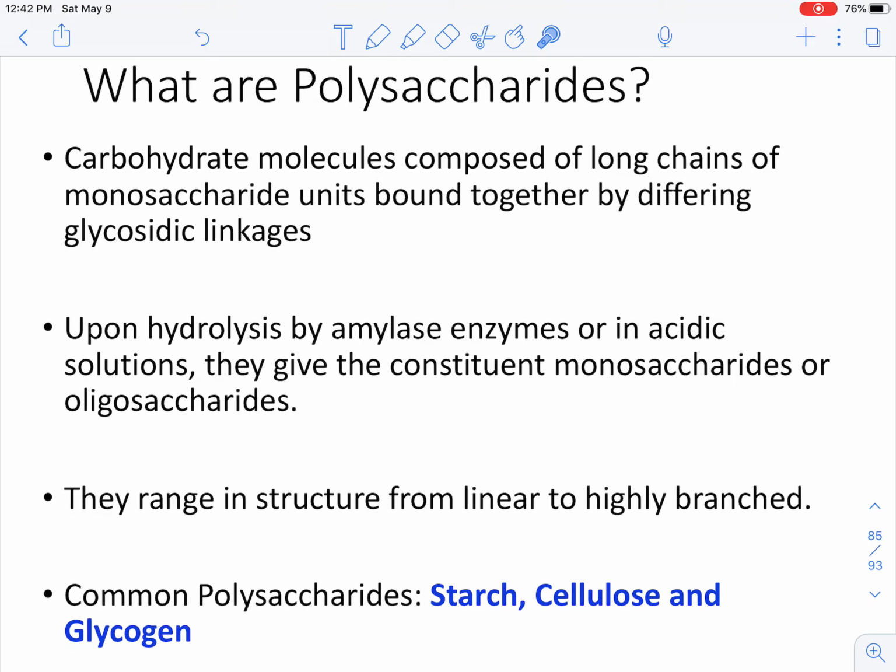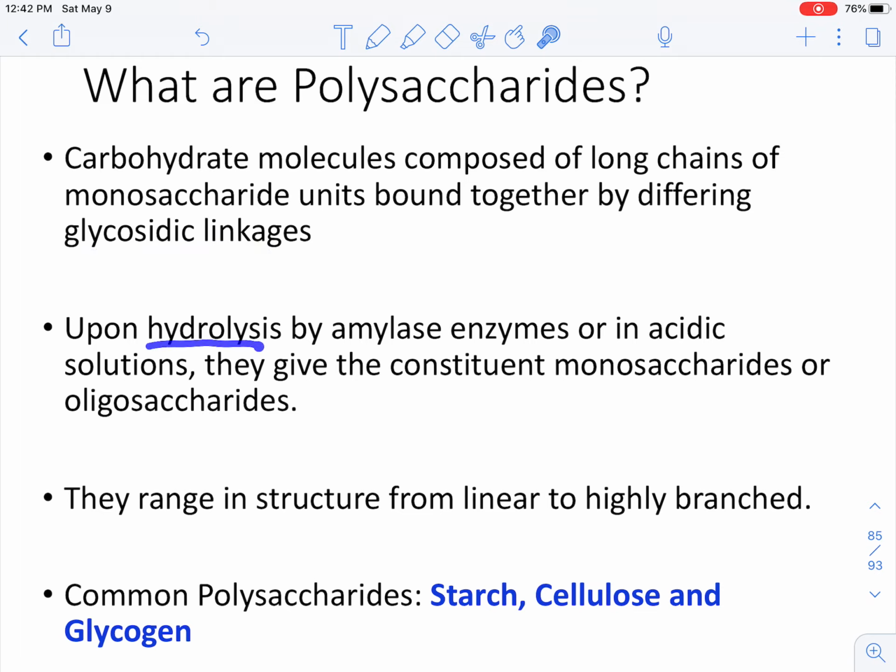And so the name of the bond that holds these monosaccharides together is called a glycosidic bond or glycosidic linkage. And so glycosidic bonds and glycosidic linkages are formed through a dehydration reaction.